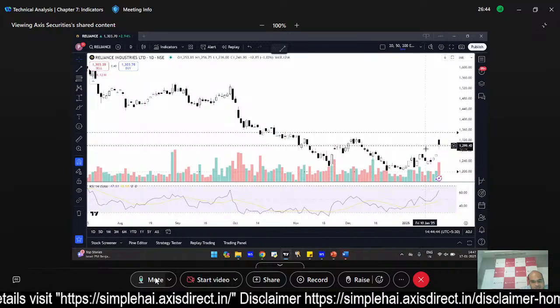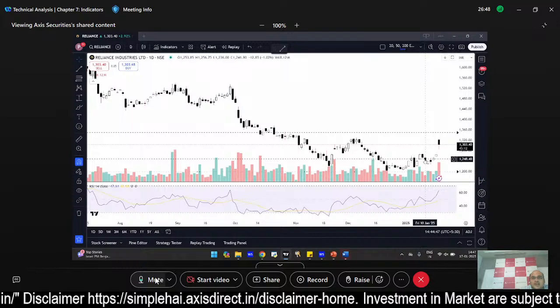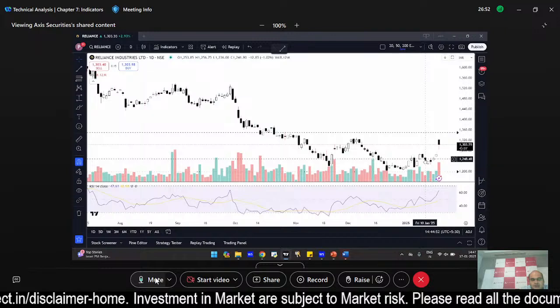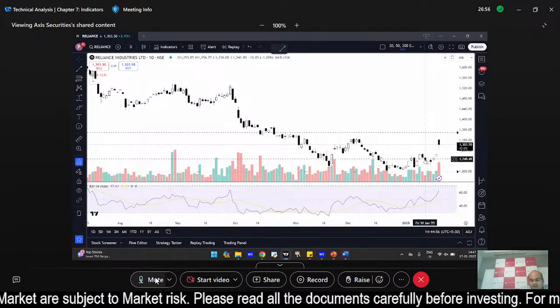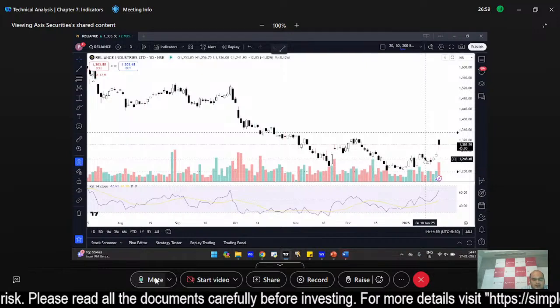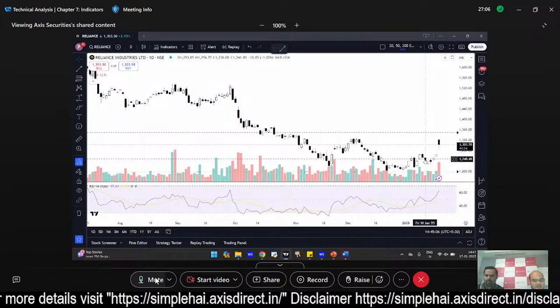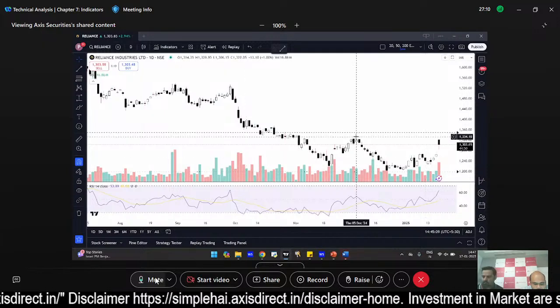Now I'm not going to dig deep into the calculations and formulas because that is already mentioned in our PDF, and you also might have access to the PDF under Goodreads, so what I'll be doing is taking you through the practical application of RSI. Now there is this up move, there is this down move.